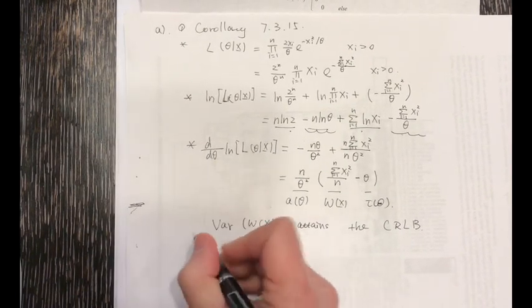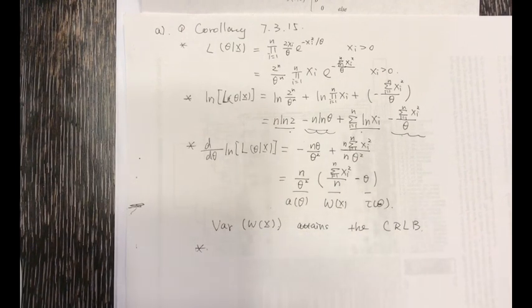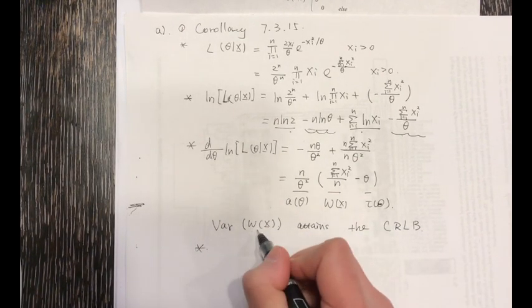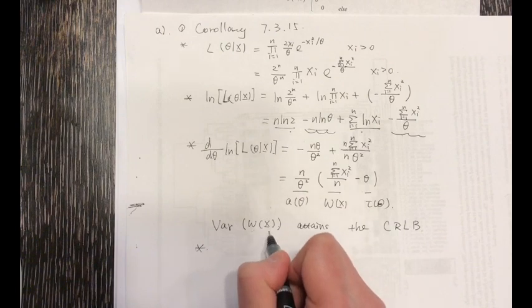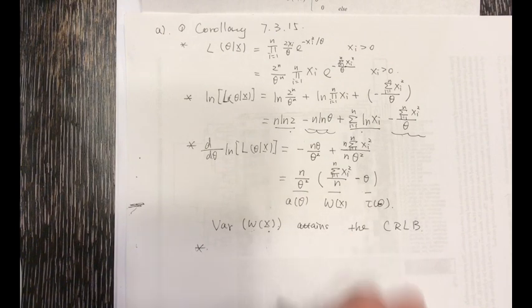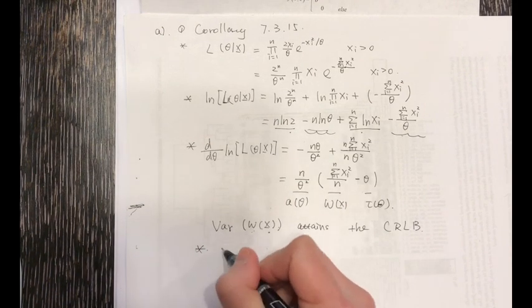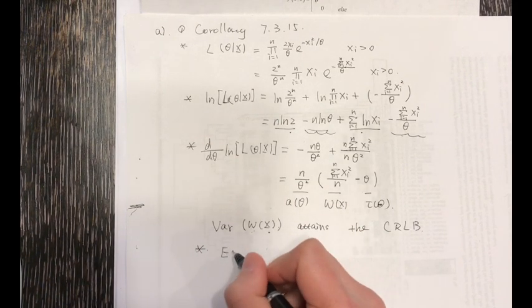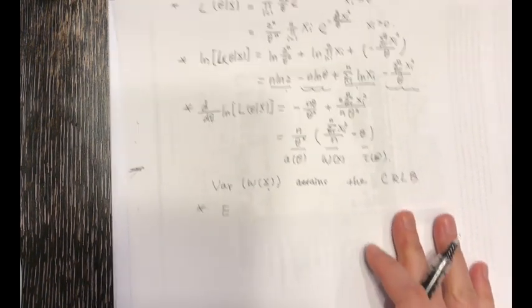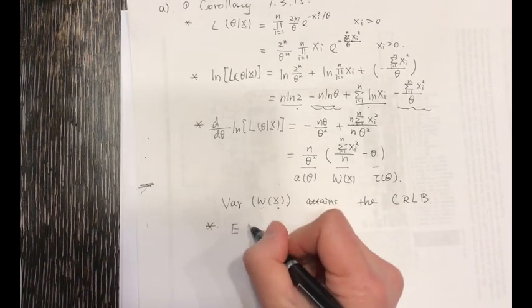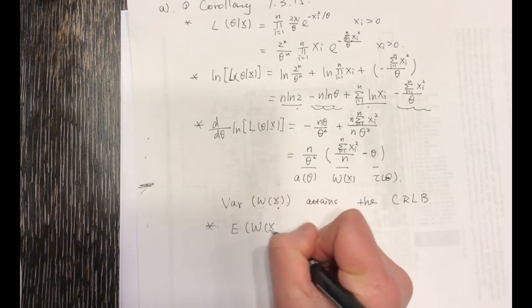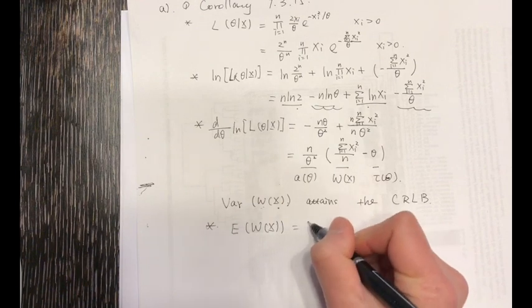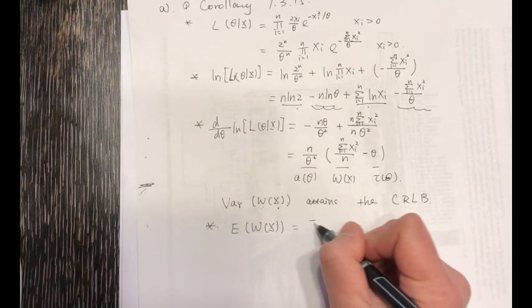So next step, we need to confirm if W(X) is an unbiased estimator of theta. So let's try to find the expectation of this W(X).